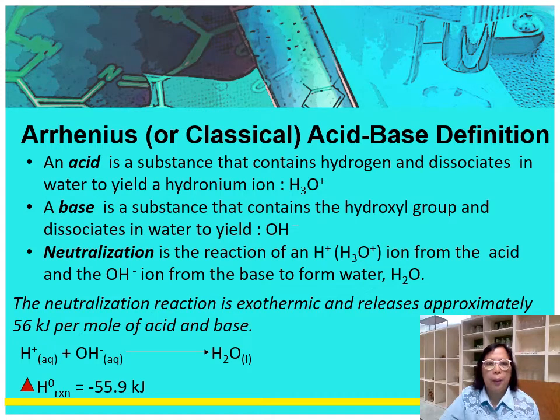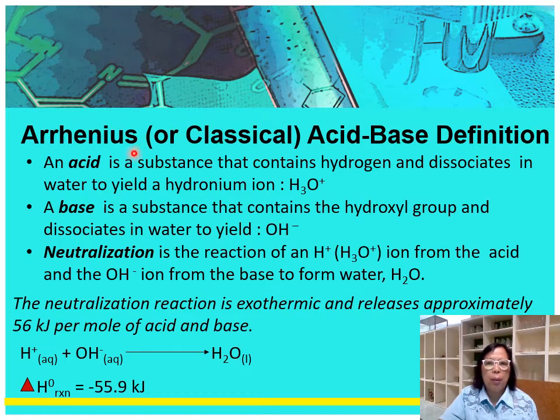And then for our first theoretical topic, you have the Arrhenius acid-base definition. So I think when you were still in your lower years, you have discussed what are acids and likewise what are bases.